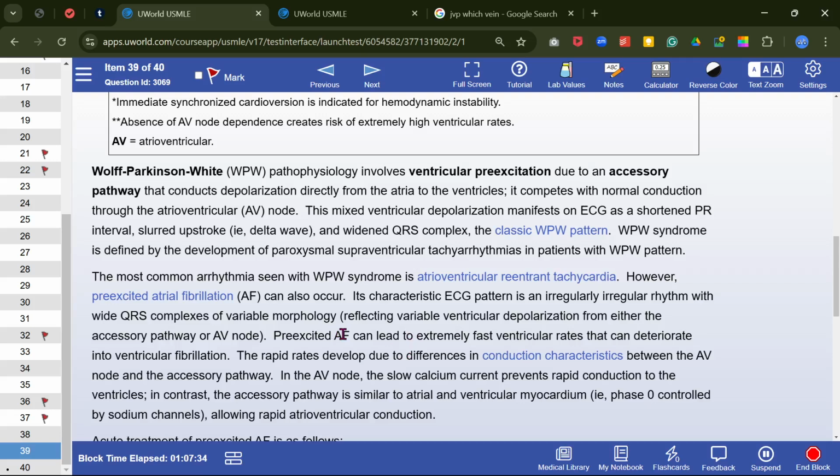Pre-excited atrial fibrillation can lead to an extremely fast ventricular rate that can deteriorate into VFib. The rapid rates develop due to differences in the conduction characteristics between the AV node and the accessory pathway.